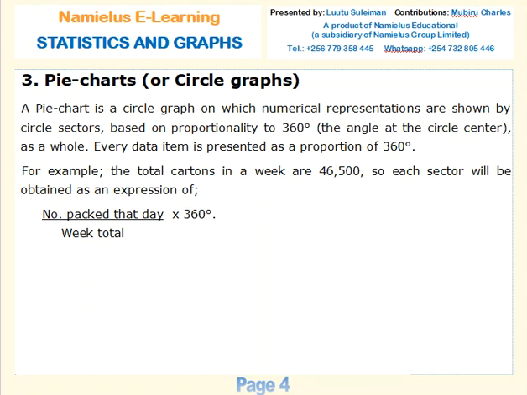The angle at the center of a circle, at a point, totals 360 degrees. So every sector, every division you make on that circle, should be proportional to 360 degrees. So every data item is presented as a proportion or as a fraction.